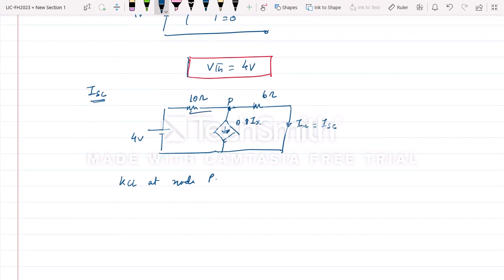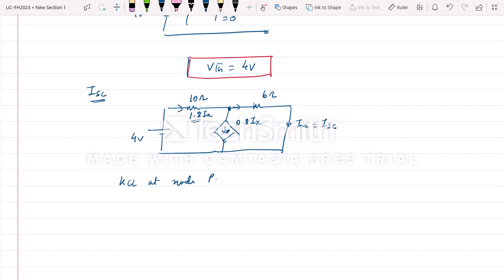Since this is short, this is 6 ohm, this is voltage Vp and this is 4 volts. Instead of writing that, what we can do is, this is 0.8 Ix and this is Ix. So what will this be? This will be 1.8 Ix, because Ix is going here and 0.8 Ix is going here. This current will be 1.8 Ix.